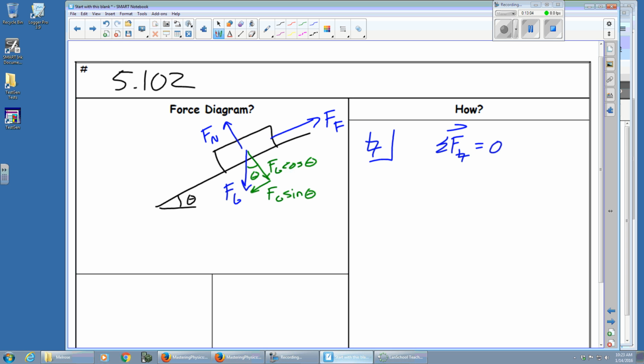So I have two forces. I've got the normal force, which points upwards, minus Fg cosine theta, that equals 0. So those are my two perpendicular forces to the plane. And I can do a little algebra and say that the normal force is mg cosine theta, right?